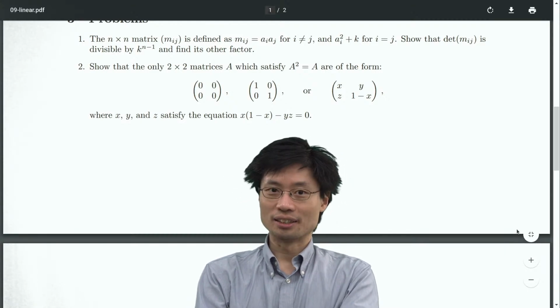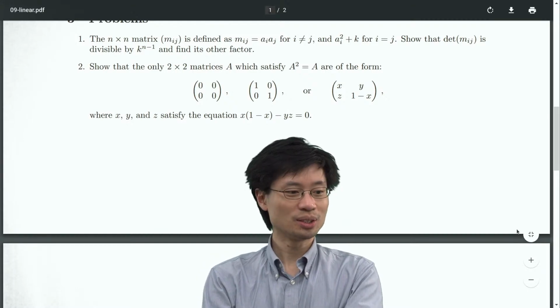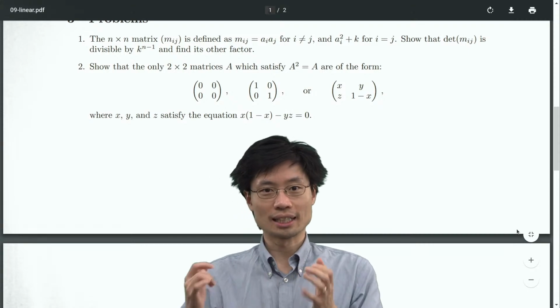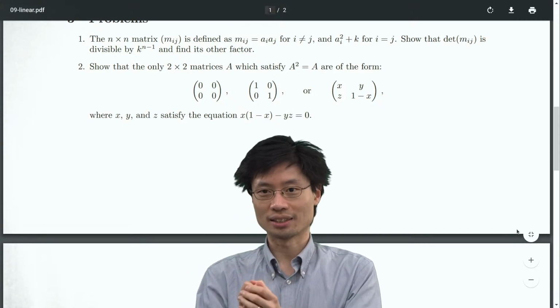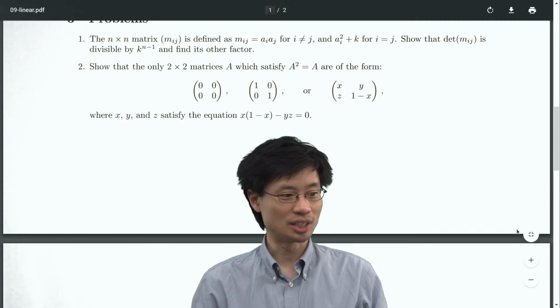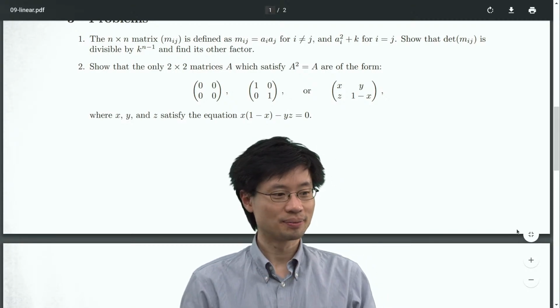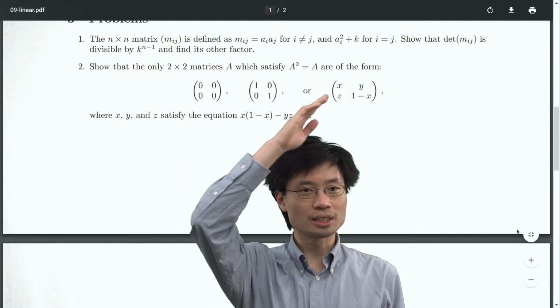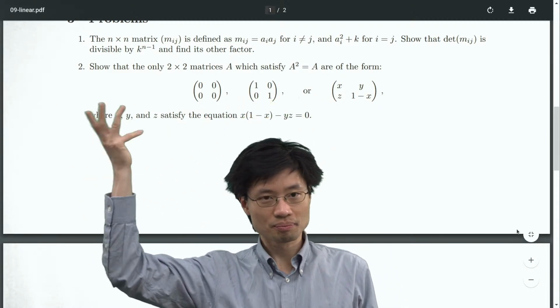Except that on the diagonal, when i equals j, I'm going to put just a_i times a_i, plus k.